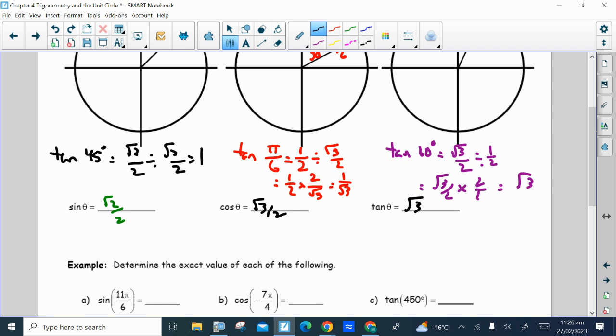Okay, I'm going to stop here. We'll pick this up again tomorrow. What I would like you to do is just some questions, not on the unit circle, but dealing with what we talked about at the start with coterminal angles.